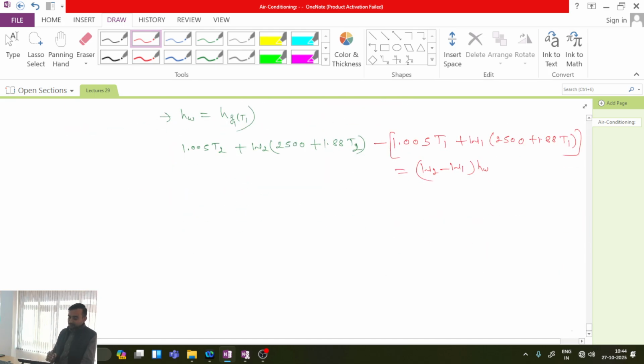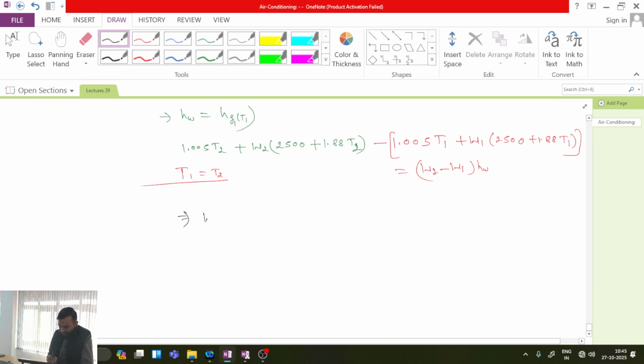Now, in a pure humidification process, T1 will be equal to T2. So from here, 1.005 T1 and T2 will cancel out.